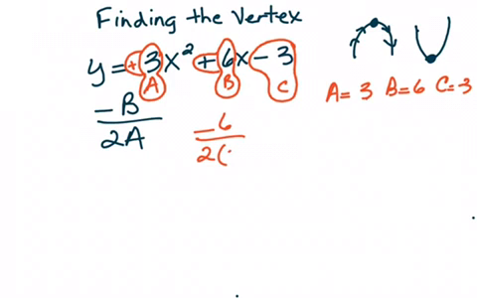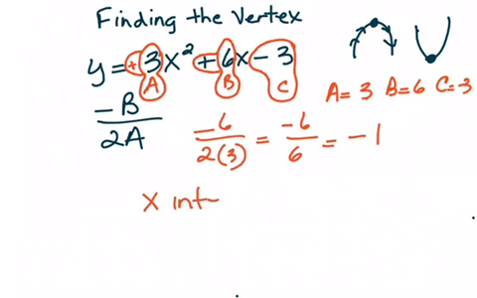What's a? 3. So that equals negative 6 over positive 6, which equals negative 1. Now, I know that my x value is negative 1. That's what I just solved for, just the x part of the vertex.